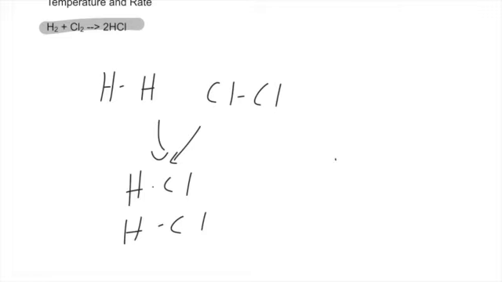Well, in fact, you might not think it matters, but the orientation of how these 2 molecules come in contact with one another makes a big deal. Now if they come in this way, head to head, where the H2 hits the Cl2 head to head, in fact, this reaction is not going to happen.